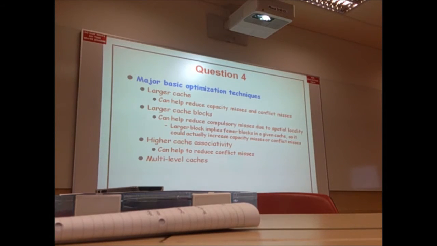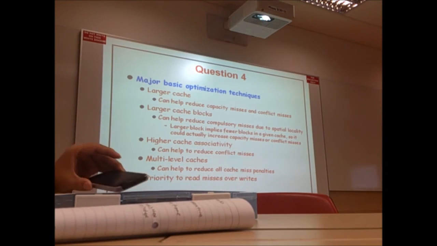And some other optimizations: a multi-level cache can be useful. That will reduce the penalty for loading data, because instead of having to go to the main memory for the data, you can get the data from some other cache in the hierarchy.